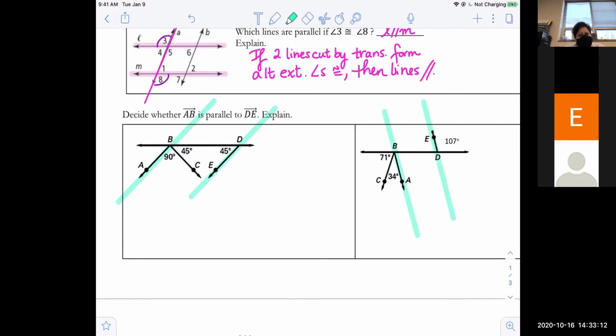They're saying ray, but it could also be lines or segments or whatever. All right, Hannah, tell me what you think about the first one.